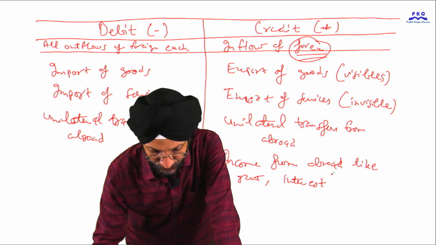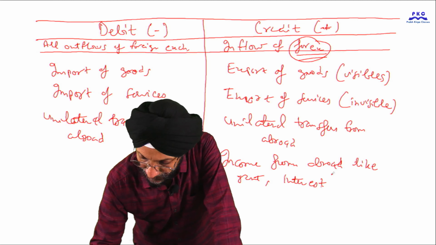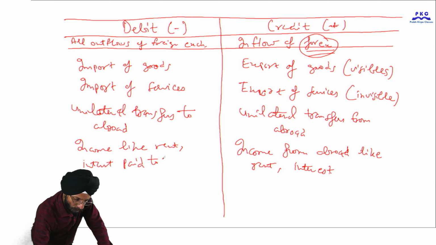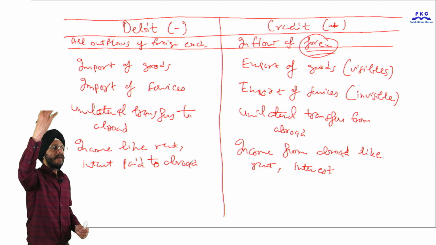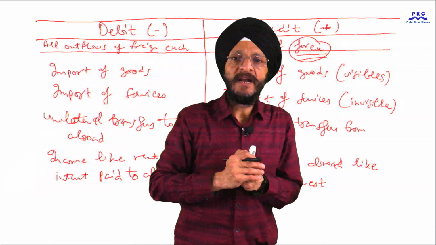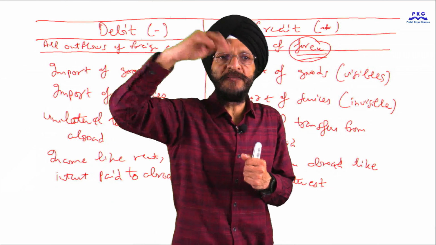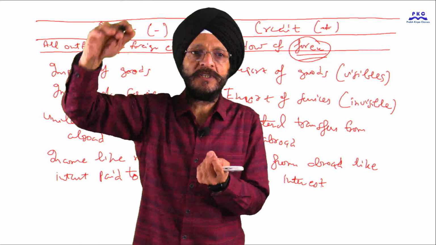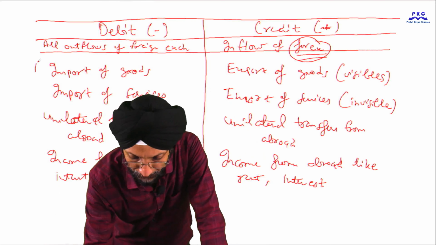But if we have to make payment to abroad, income like rent, interest paid to abroad, because they have made investments and now the income is flowing to them in the form of rent, interest, dividend, then it means outflow of foreign exchange. It is to be taken on the debit side.